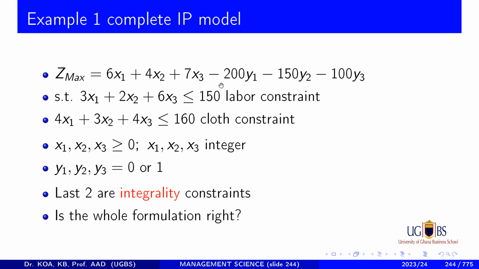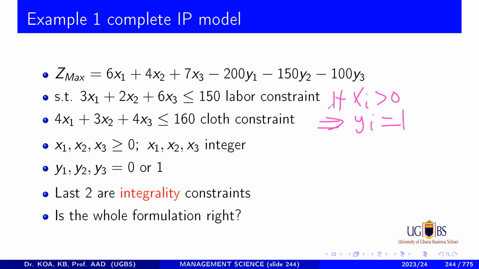There is a link between producing a shirt and using a shirt machinery. Because here's the point. If you are producing a shirt, mathematically, this is what I mean. If xi, it can be any of them, is positive, okay, you are producing it, then it implies that the yi is also 1. That's what it means.